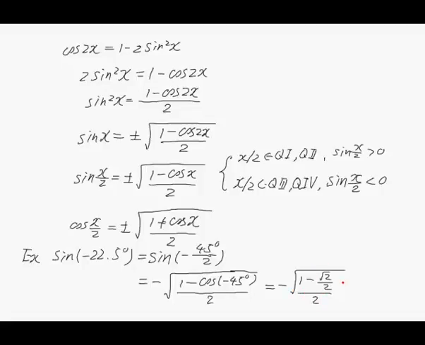So now let's multiply both the numerator and denominator by 2. And then we get negative square root, okay, 1 times 2 equal to 2. And then this guy times 2 equal root of 2. And then over 2. Then we find the exact value of the sine of negative 22.5 degrees.